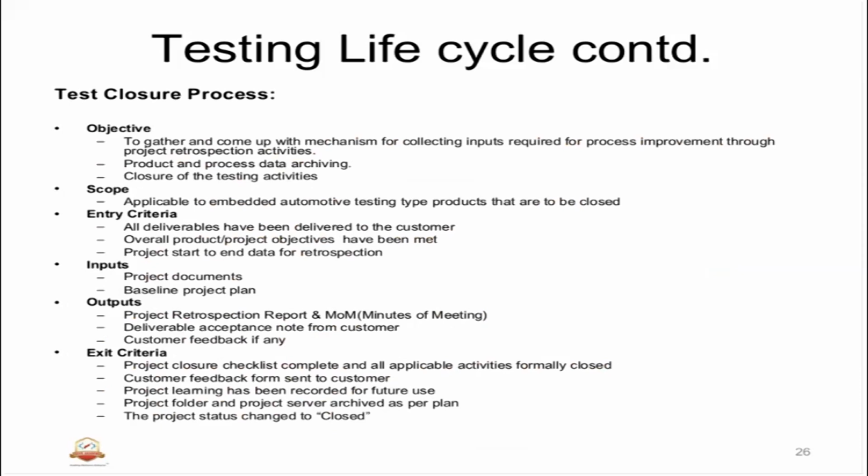The test closure process has an objective of gathering and coming up with a mechanism for collecting inputs required for process improvement through project retrospection activities. What it means here is, we have delivered the product, we have tested the product, and we have got a deployable product available at the customer.